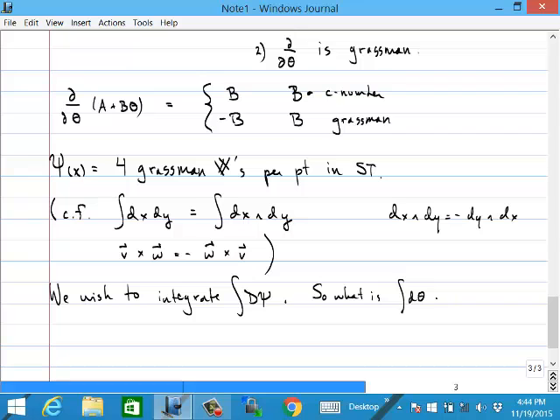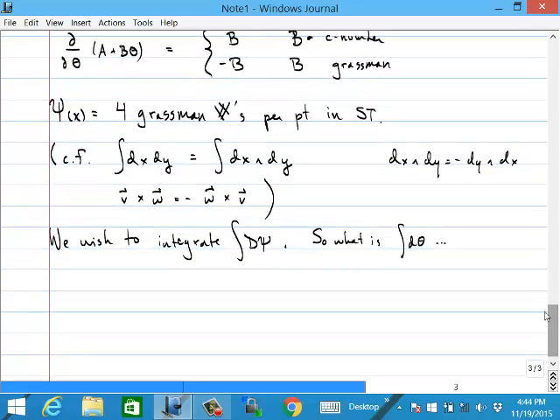Now, what I'm going to do is give you a particular definition of what I mean by the Grassmann integral. But in order to motivate this definition, let me talk about what properties integrals obey, which we want to preserve when we define the Grassmann integral.